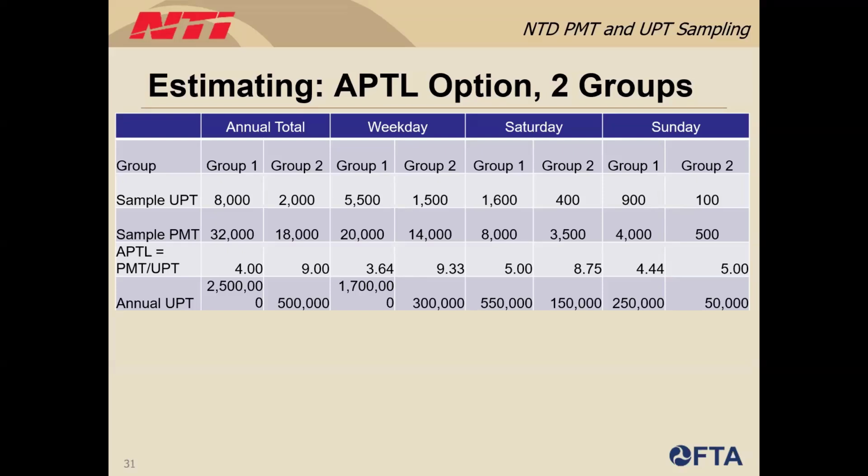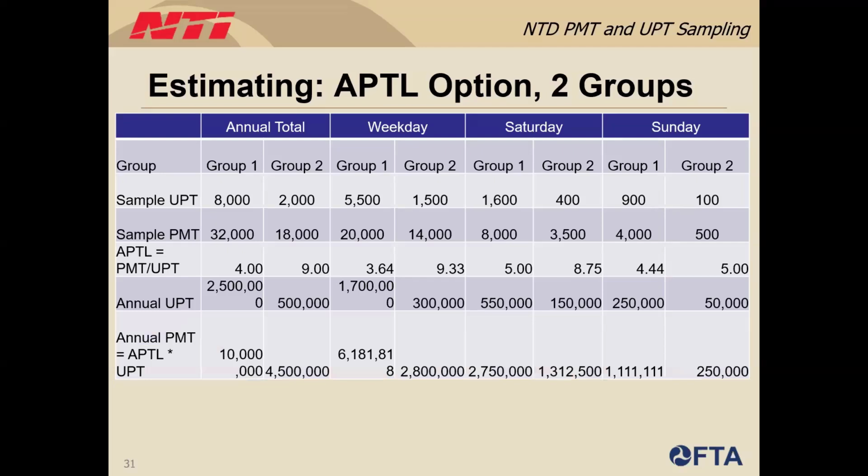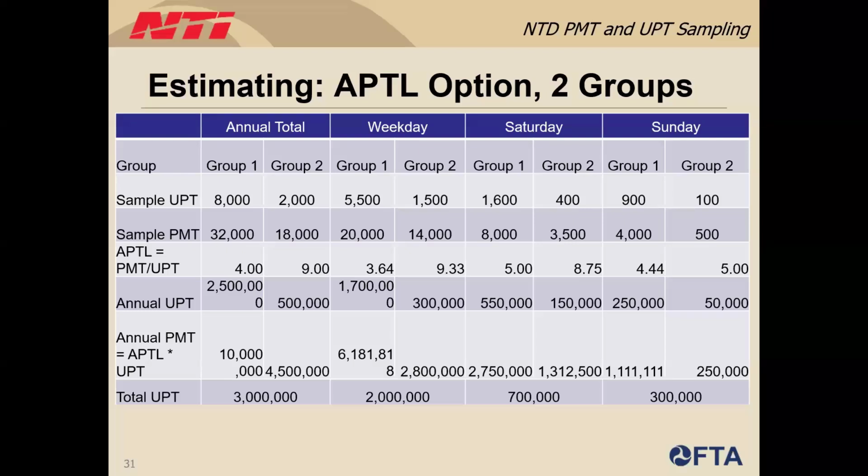Annual PMT is estimated as APTL times annual UPT. Within each day type, add the annual UPT from group 1 plus group 2 to get the total UPT. And finally, add the annual PMT from the two groups together to get the total PMT.